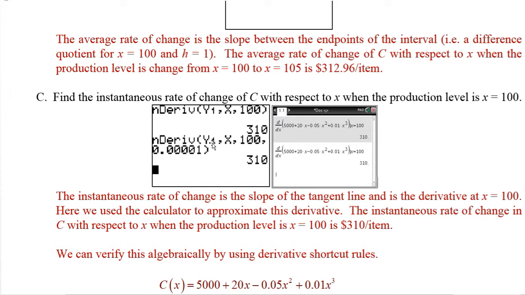To get y1, you can hit the variables key, right arrow to y variables, hit enter for function, and then hit enter for y1 if you've got it typed in y1. And if you already have it in y1, instead of typing the formula right here, you could just put y1.